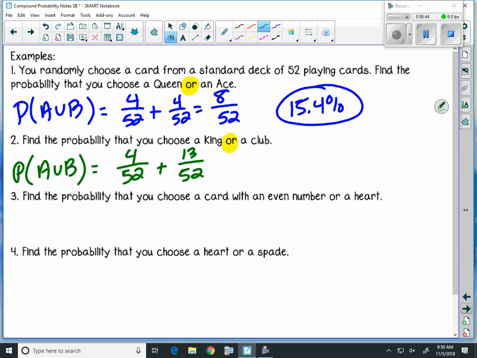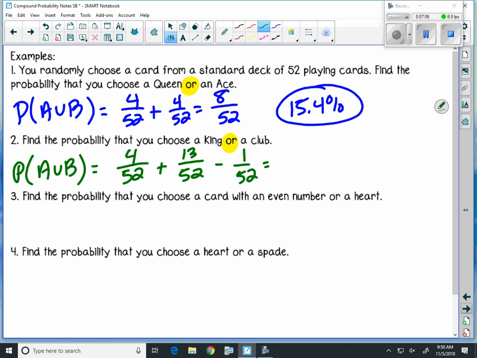Now this is where the overlapping part comes in. We're going to minus the overlap. What is the overlap? A king of clubs. How many cards are a king of clubs? 1 out of 52. So that's how we process an overlap.